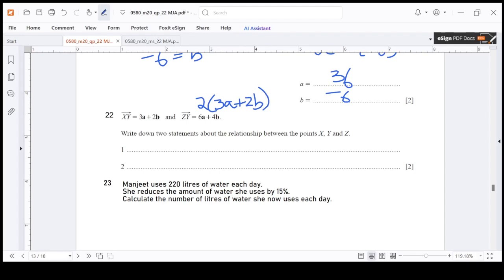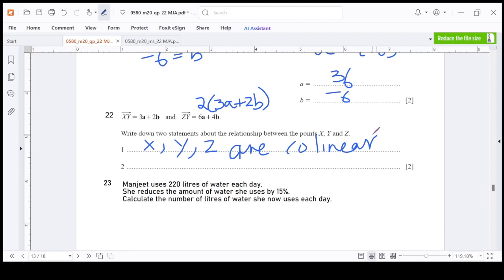This implies that x, y, and z all lie on the same line. So you can write x, y, z lie on the same line, or that x, y, z are collinear points. That means these points are on the same line.